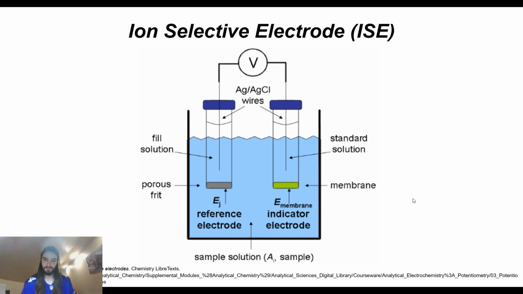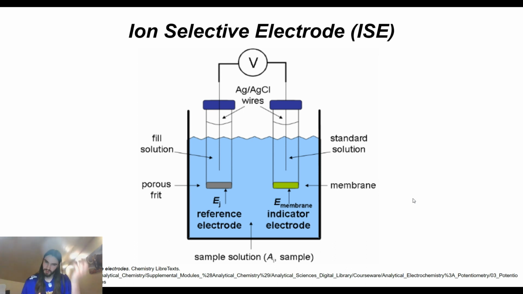But for the purposes of this presentation, basically ion selective electrodes have 2 electrodes with selectively permeable membranes to different electrolytes and other molecules that you can measure.